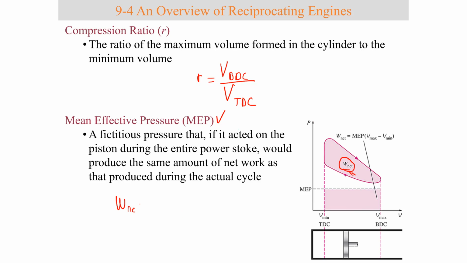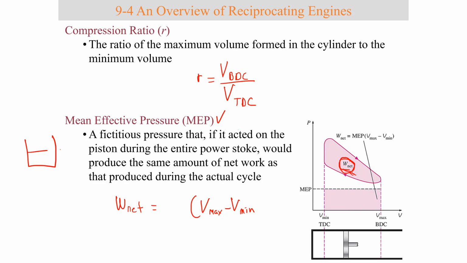Basically, if you assume that the whole engine cycle can be simulated as one process at constant pressure, then net work would equal P delta V.